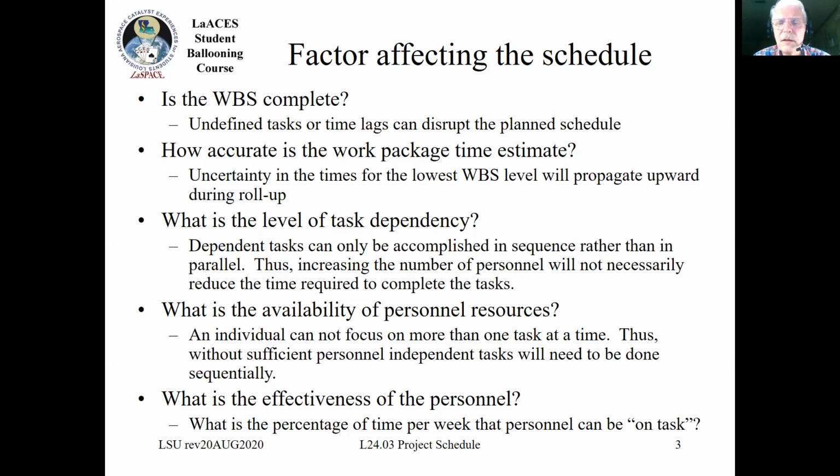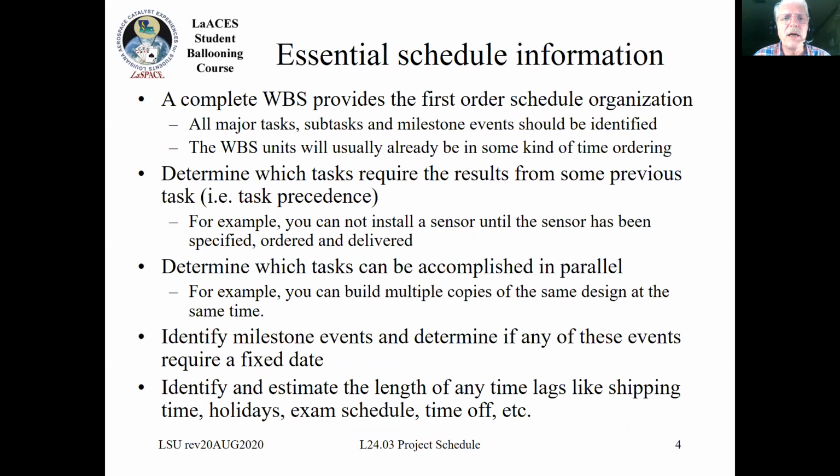A person who has a very, very heavy course load is not going to be as effective as somebody who is maybe taking 1 or 2 courses, who can devote much more time to the project. So you have to determine what the effectiveness of individual people actually is. All right.